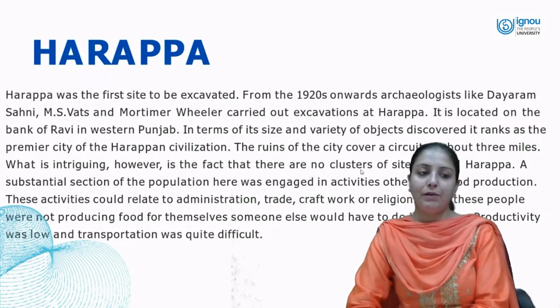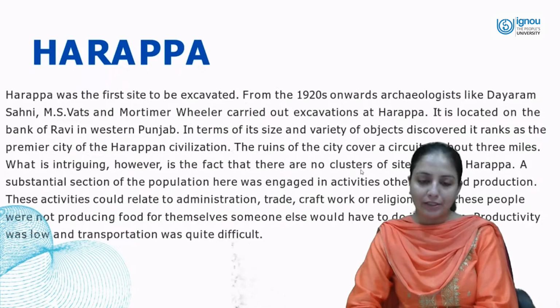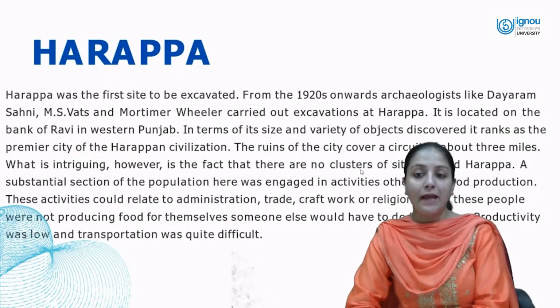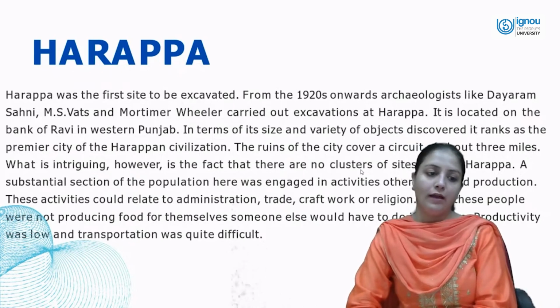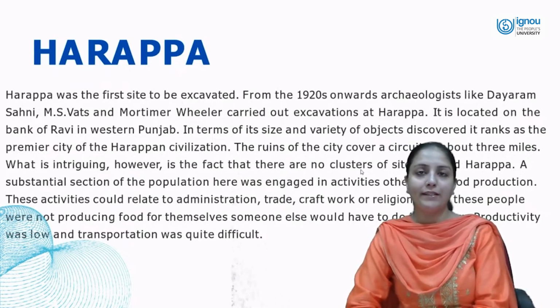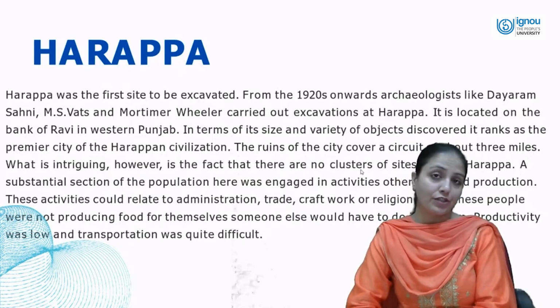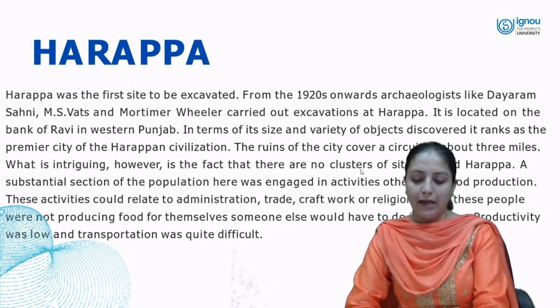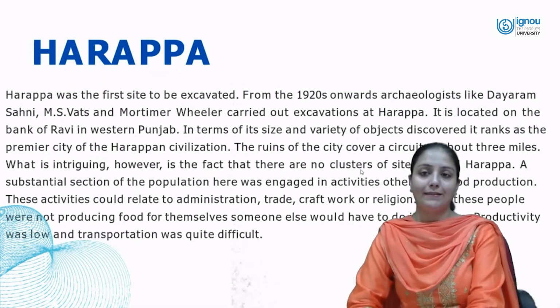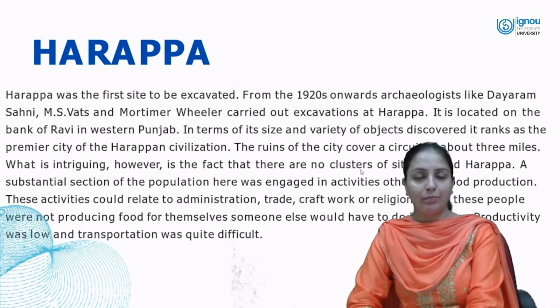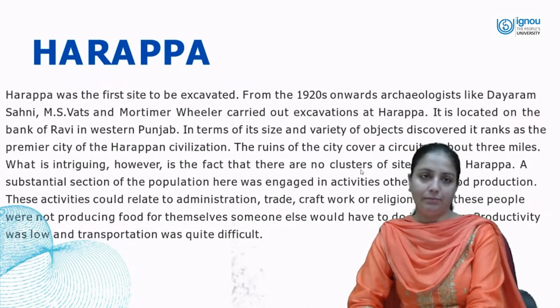Since these people were not producing food for themselves, someone else would have to do it for them. Productivity was low and transportation was quite difficult, because at that time there were no bullock carts, buses or trucks available for trade purposes. So it was very difficult for all of them.